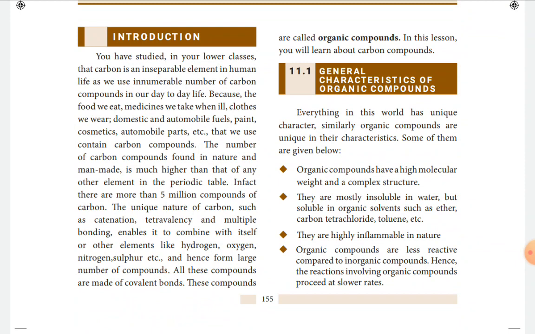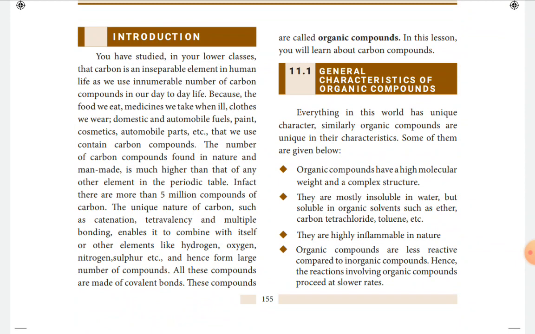So you can make a list of any 10 items, 10 things that you have used or consumed since the morning. What all do we use normally?